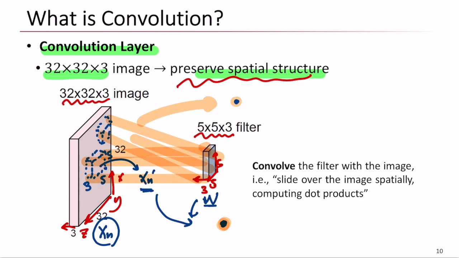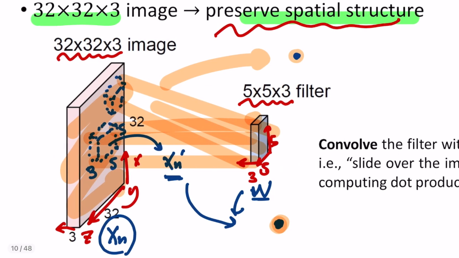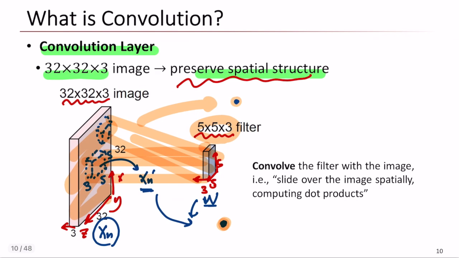Then by considering all possible patches within the input image, we can generate the next output with this learnable parameter. So this is the convolution.